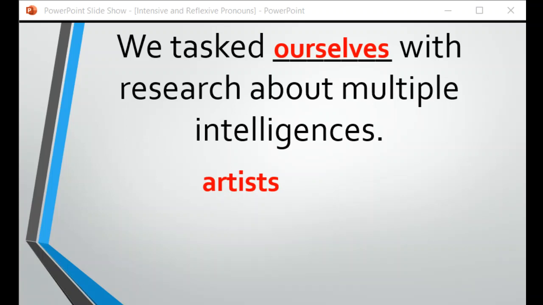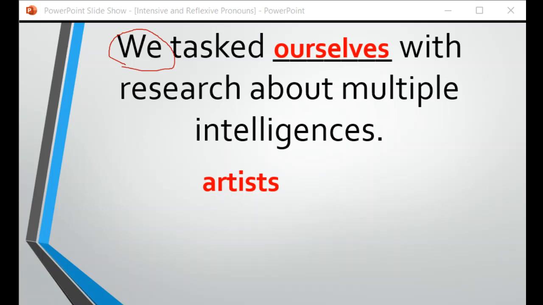Could you repeat? Very good. What then is your answer? You're right, because we have the subject we, then we can use the pronoun ourselves.